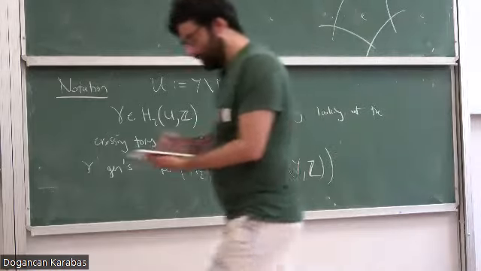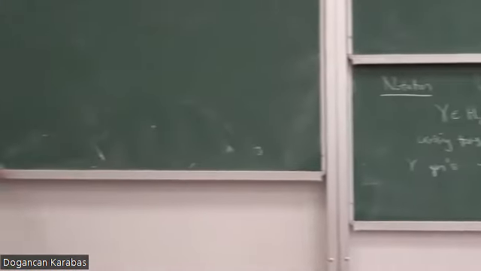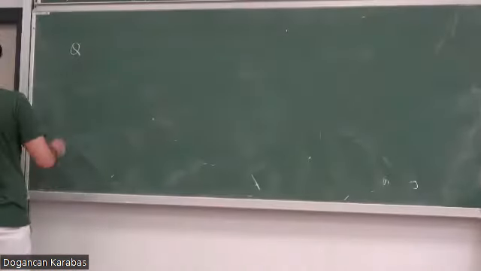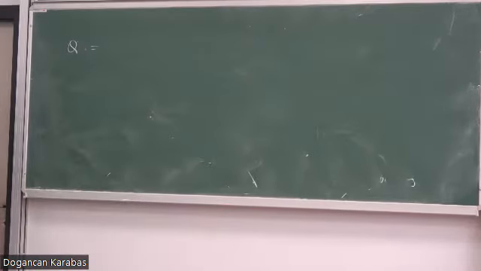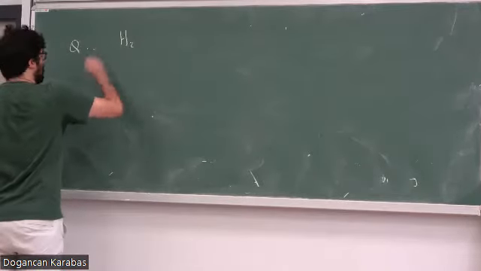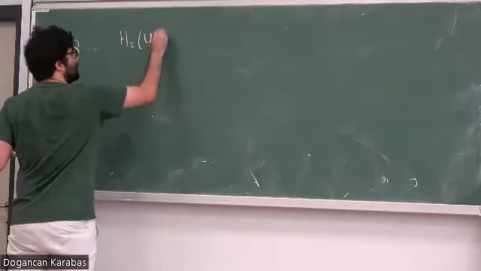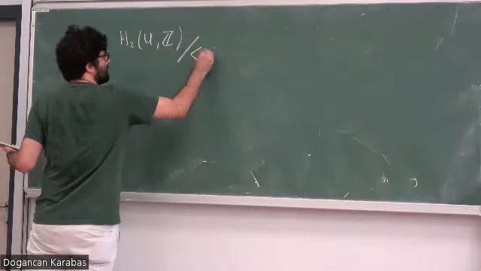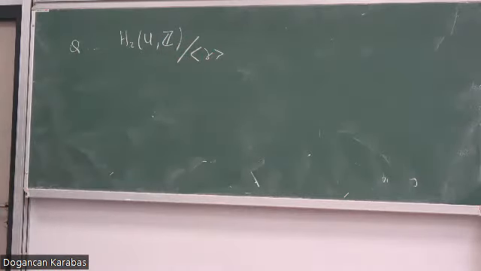Okay, so now let me introduce a couple more pieces of notation. I have this abelian group Q, which is just H2 of U, Z modulo this class of the fiber.